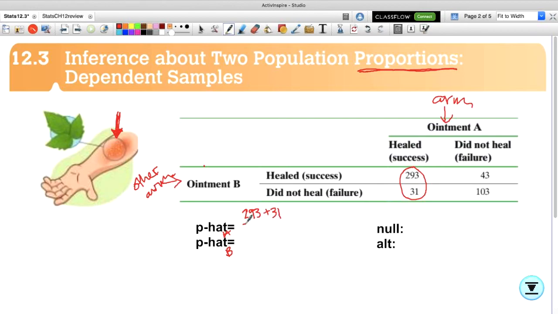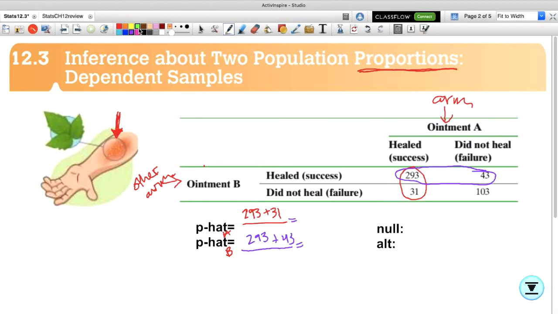This is the total amount of people that were healed from ointment A. Whether ointment B worked or not, who cares? This is how many people were healed. And then we put it over our total amount of people, which we'll figure out in a second. If we were looking at ointment B and we want to figure out how successful that was, we would add these two items together, right? These are all the people that were healed from ointment B. So it'd be our 293 again, which means that they were healed on both arms, and 43.